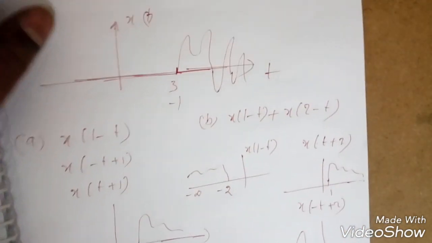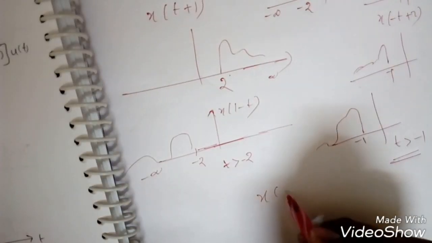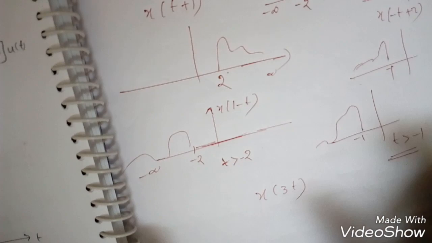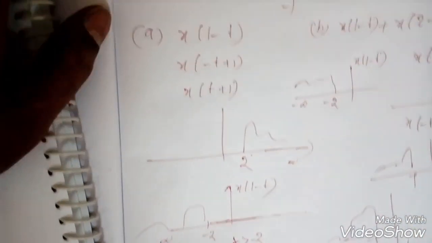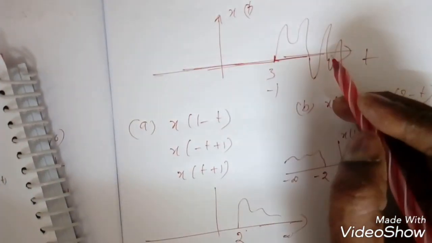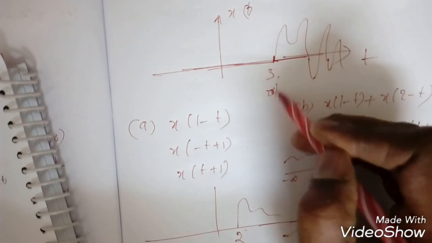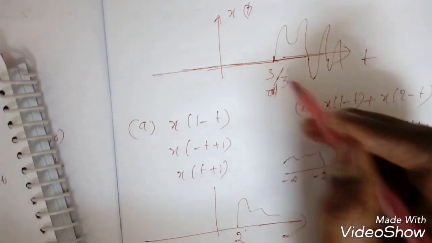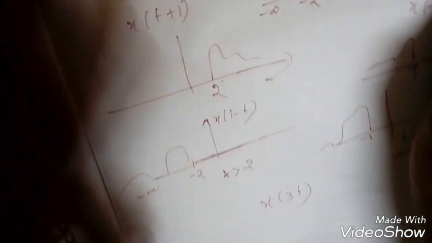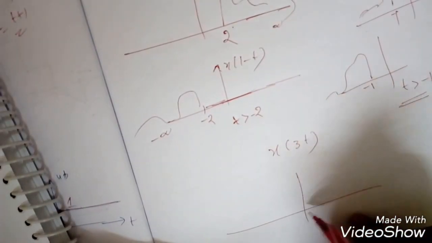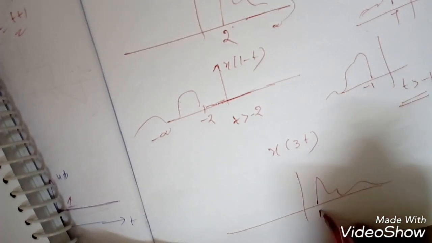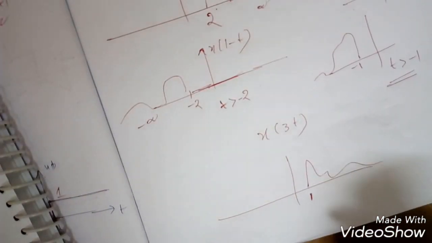Right? The last one I will do here is x of 3t. You do the remaining. So x of 3t: from 3 to infinity there is a non-zero signal. x of 3t means we should divide by 3, so it will become 1. 3 by 3 will be 1.